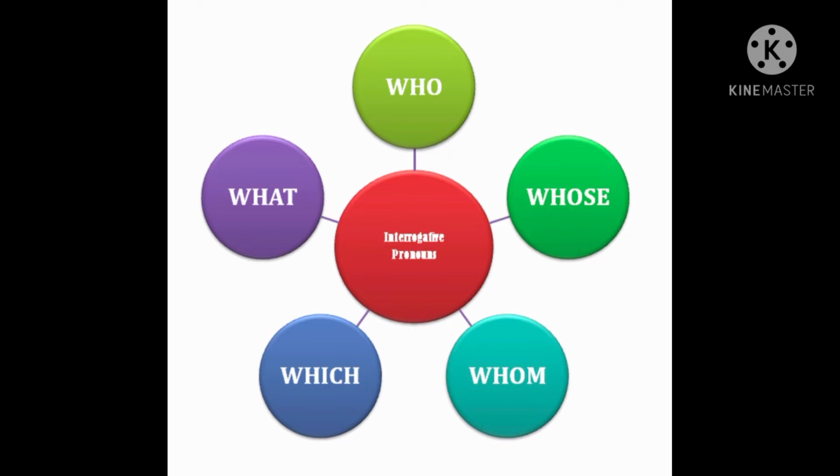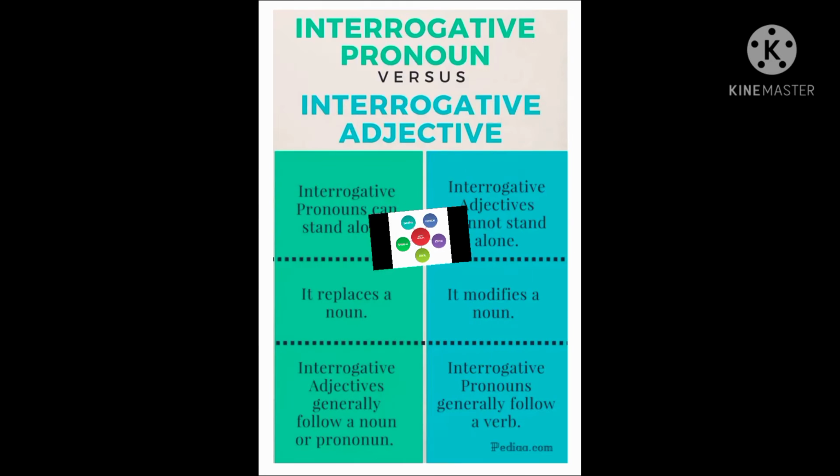We have also seen the interrogative pronouns and their usage in the sentence. Who, what, which, whom, whose. These are the interrogative pronouns and they can also be used as interrogative adjectives. And we have already learned the basic difference between an interrogative pronoun and an interrogative adjective.